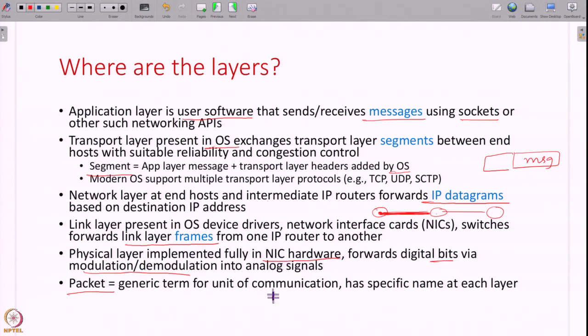So this is the location of the various layers on the internet. At the end host you have the application and transport layers, at all the routers you have the network layer, on each link you have the link layer, and finally on each wire or wireless physical medium you have the physical layer.